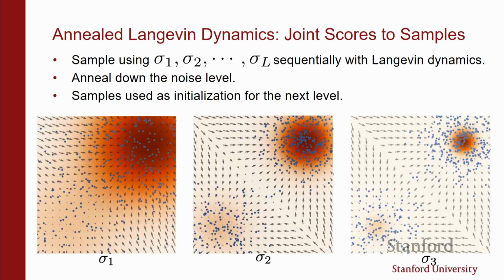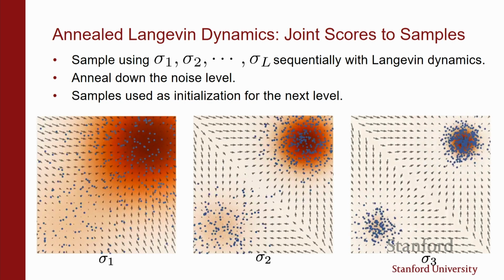Now we are starting to see more structure in the data, so we should follow the score for the data density plus a very small amount of noise. Then you follow the arrows again, and you're generating the samples we actually want. At this point we get the best of both worlds, because at the end of this procedure, we're generating samples from data plus a very small amount of noise.